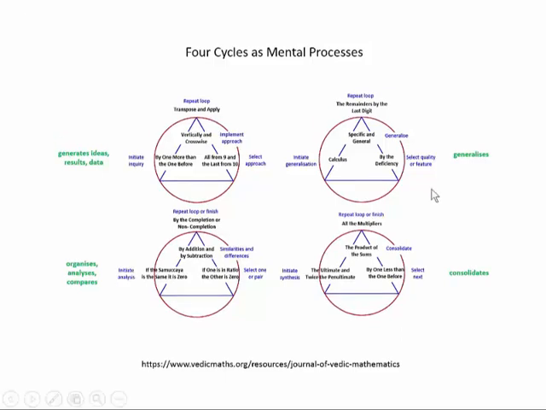So this is generalization, and a more expressed version of that is tetrad 4, in which we begin to consolidate and bring things together. And a good example of that is perhaps there's a Vedic mathematics conference, and you have to sum up at the end. So you're going to briefly consider all of the presentations that have been made and demonstrate how they've been related to the aim of the conference, whatever that is.